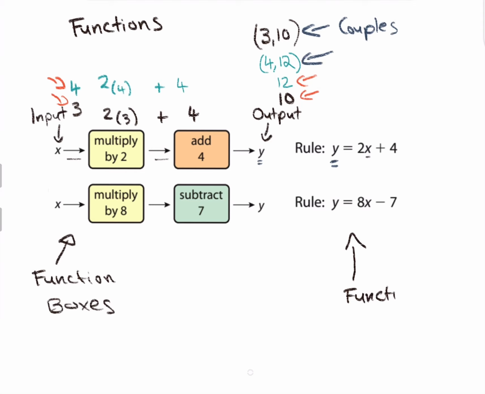Now here all they've done is they've put the output first and they've put the rule second. Now the rule is just what's in the boxes. 2 times x, well, x just stands for whatever the number is, whatever the input is. So 2 times x means multiply by 2, just like I did up here. And then plus 4, that's the rule. That's the rule that's in the boxes.